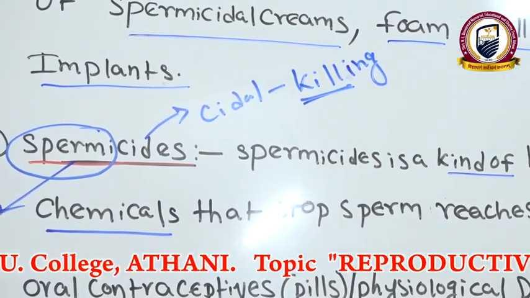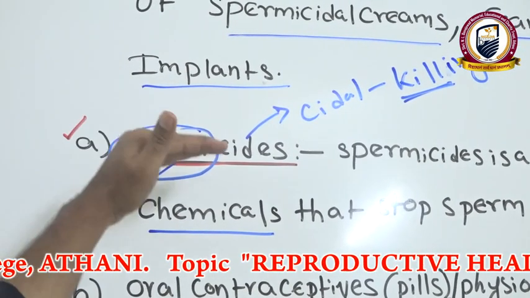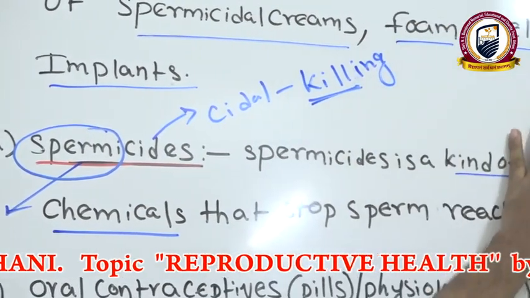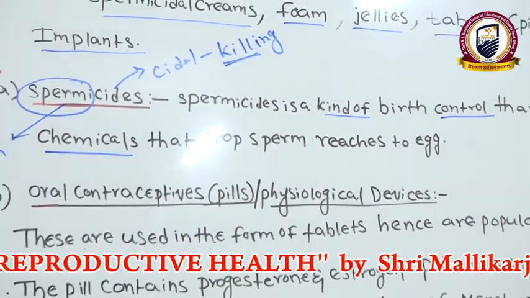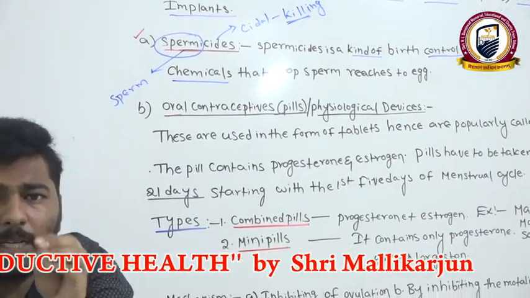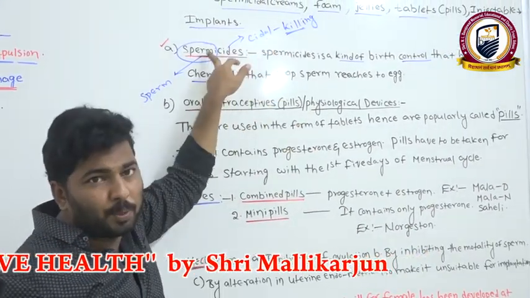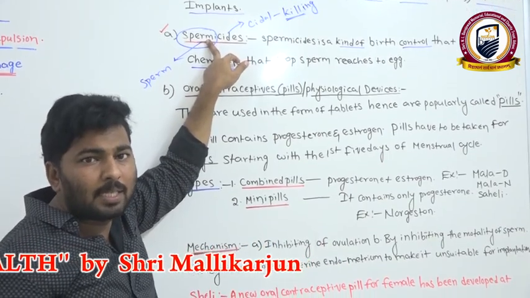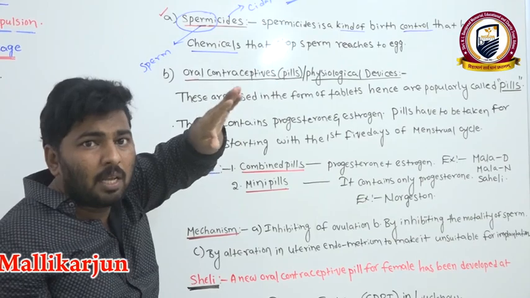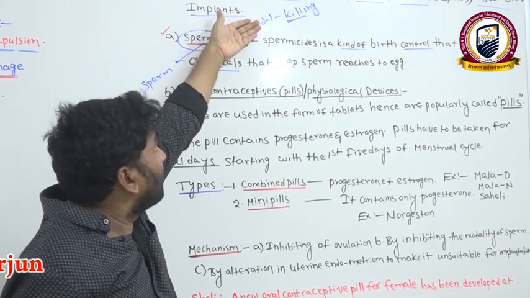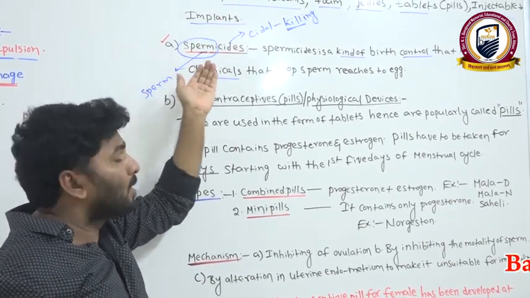It means the creams, foams or jellies contain some chemical substances which have an ability to kill the sperms released by the males in the vagina, before they pass into the uterus, and death takes place due to the release of some chemicals.